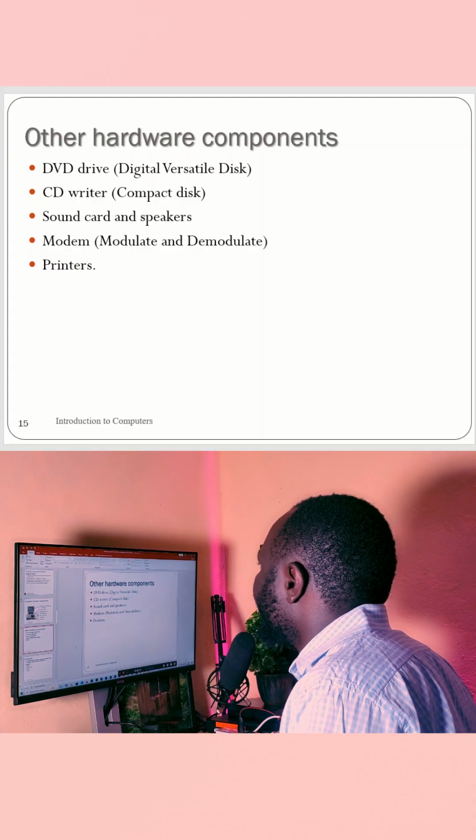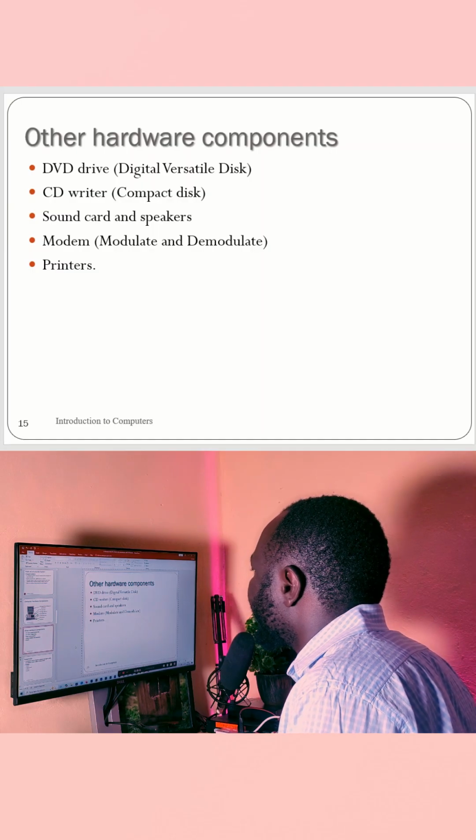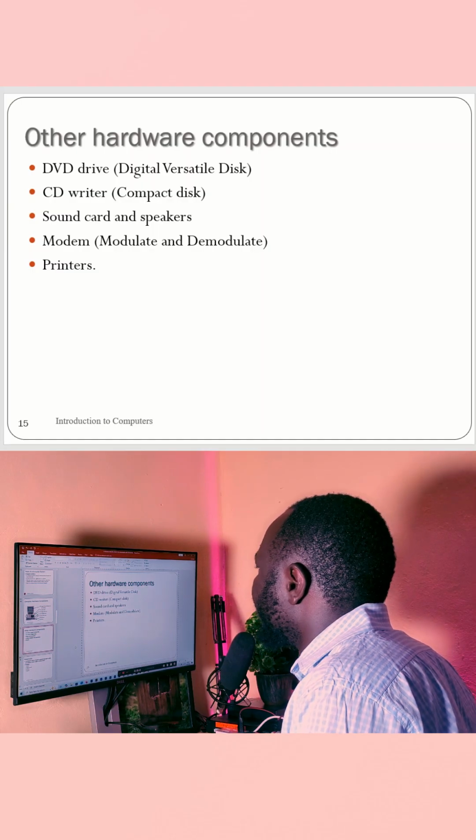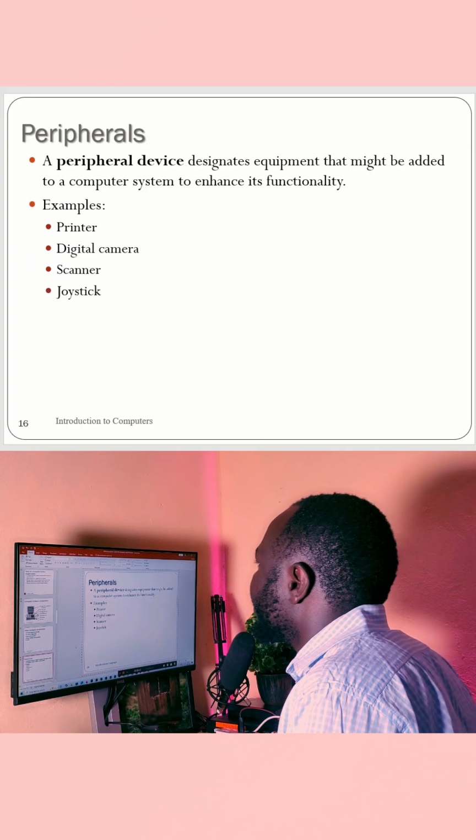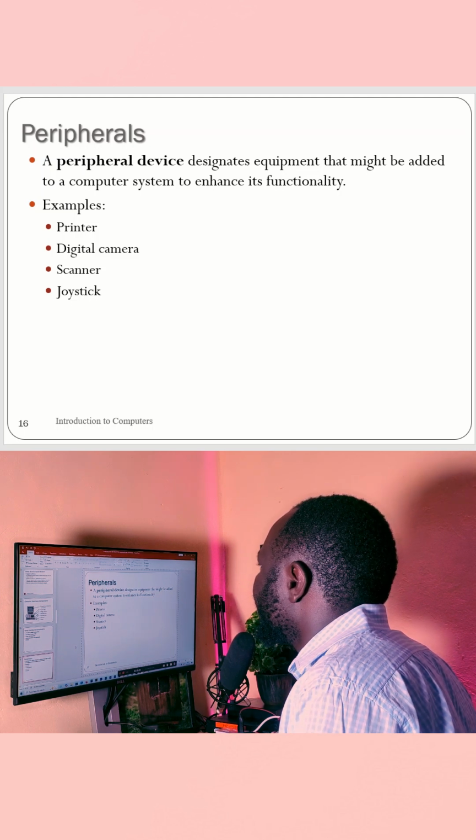We have other hardware components. We have the DVD drive, we have the CD writer, we have the sound card and speakers, we have the modems and printers. Then we also have another key term to look at, which is a peripheral device. What is a peripheral device?